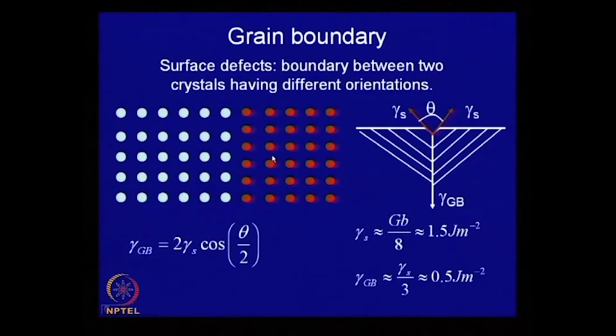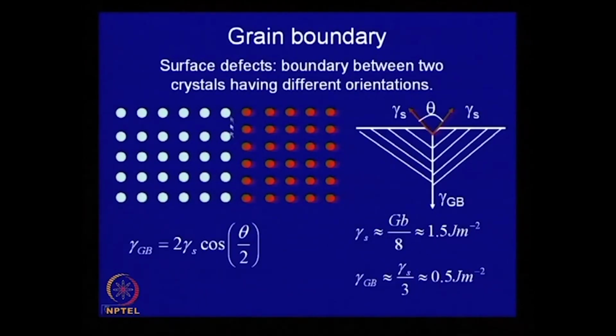In this case you can see the boundary easily, because along the boundary there is some amount of disorder. Within the grain there is crystalline order, atoms are arranged in a periodic fashion, here also atoms are arranged in a periodic fashion, but there is no definite arrangement near the grain boundary.